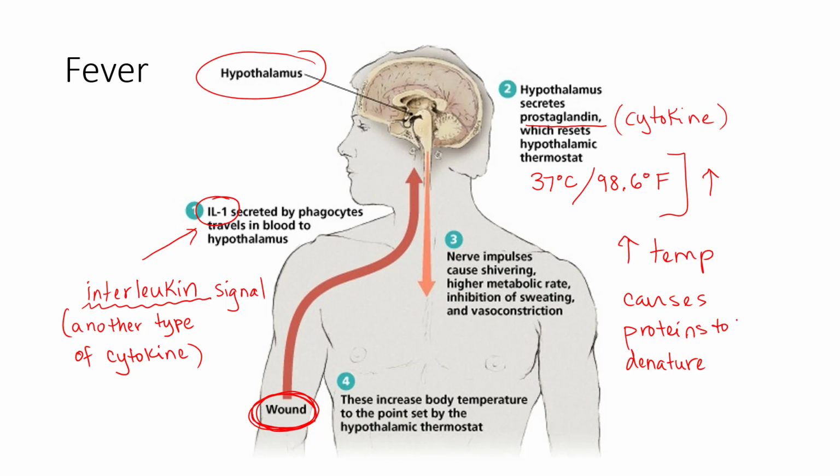Proteins denature, so that's going to slow down viral replication in the case of a viral infection. It's going to destroy bacterial proteins. It's going to do all these things that are going to help eliminate the pathogen.